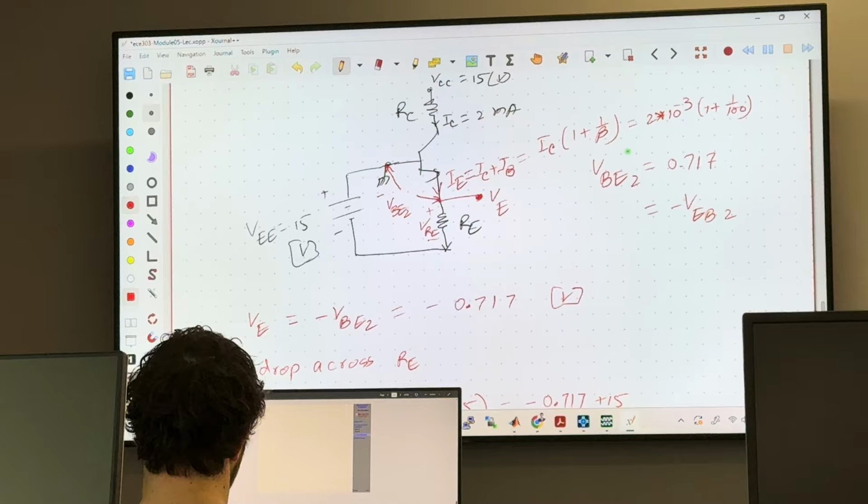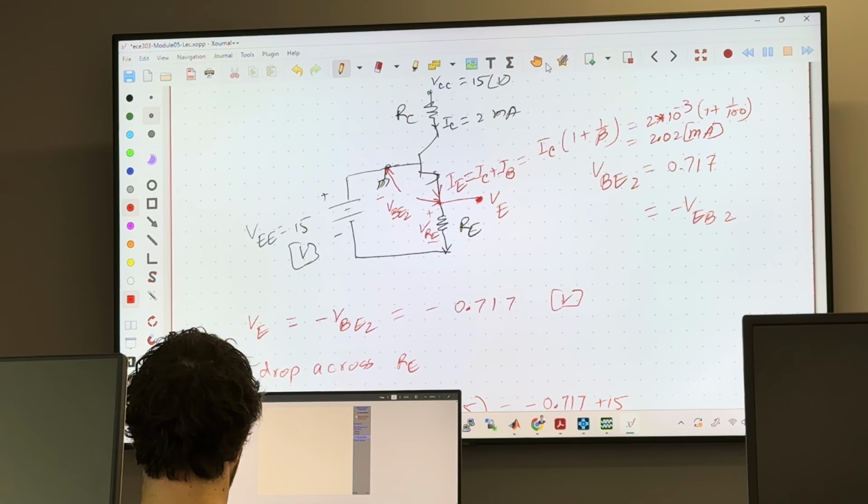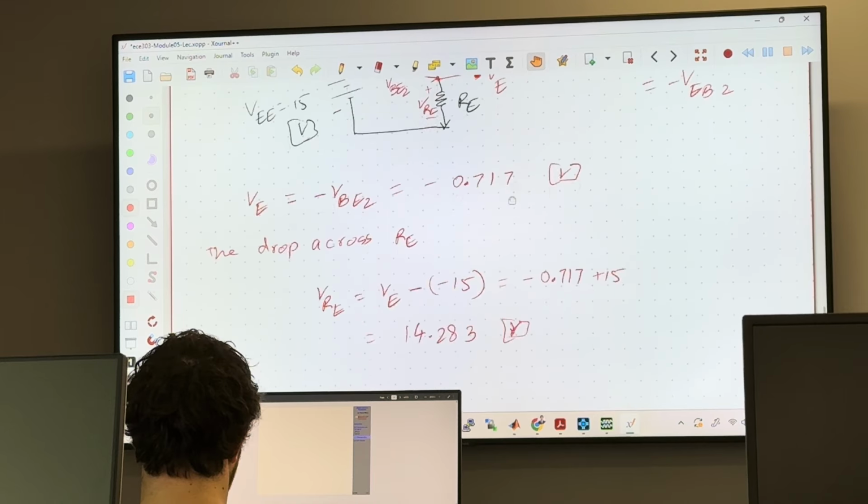So this you will see is 2.02 milliampere. So your IE is 2.02 milliampere.